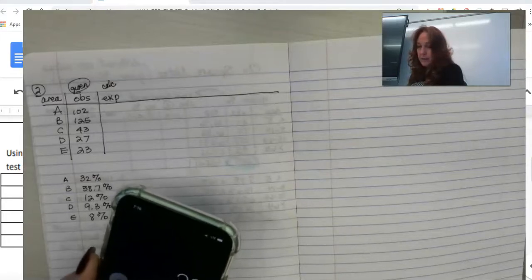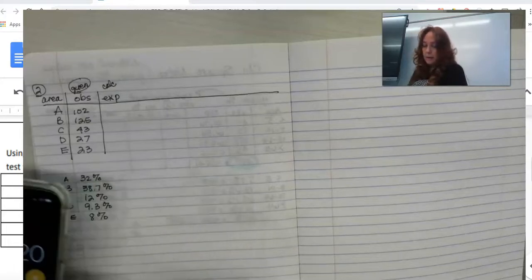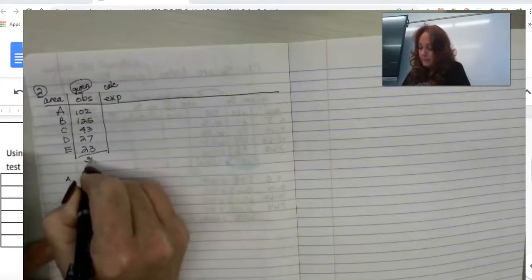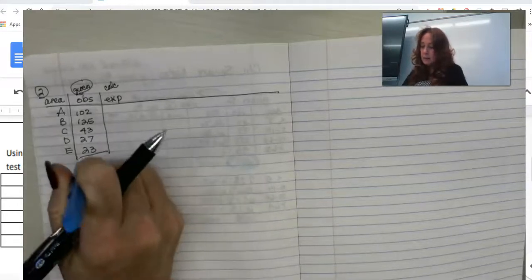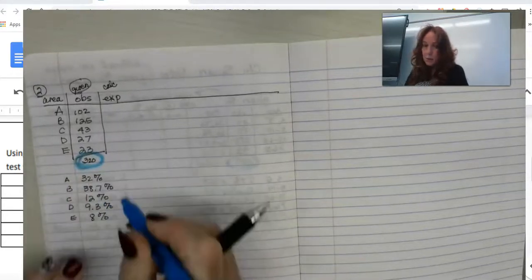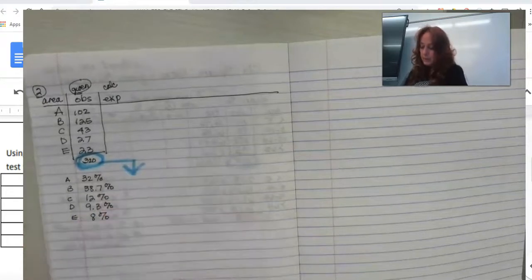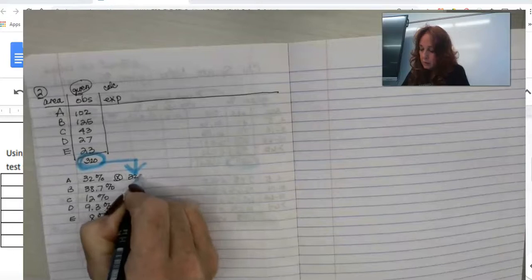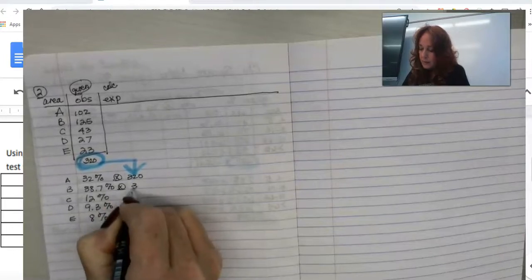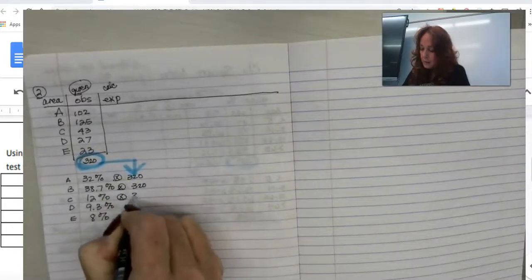I know they gave me the total, but I'm going to check, and it's 320. That's what they said that they had done. This is super important. So that's the number I'm going to use every single time. So I'm going to multiply each one of these percents times 320.